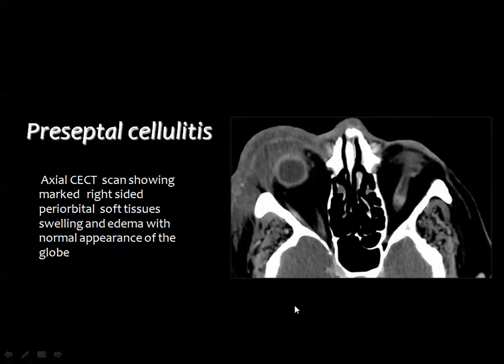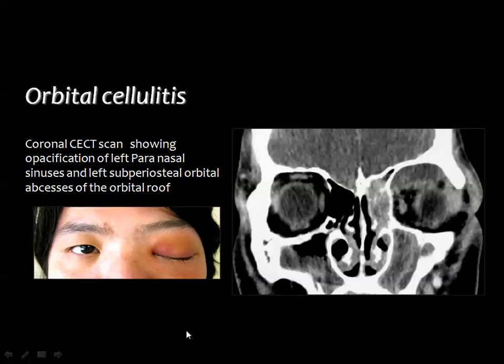This is also an example of preseptal cellulitis involving the eyelids and the preseptal area of the orbit extending along the lateral orbital margin, but the orbital contents are not involved by this inflammation.